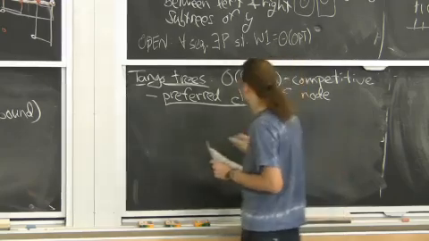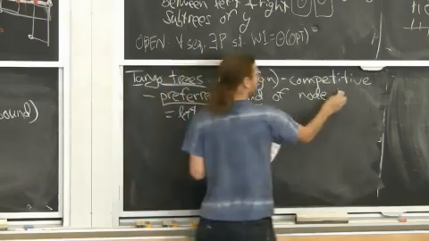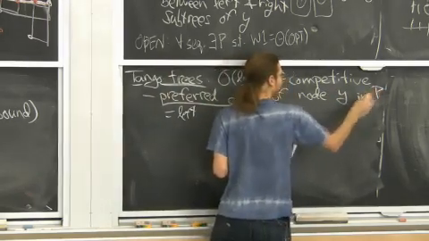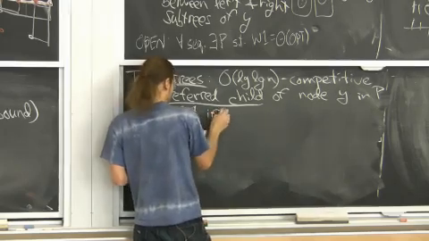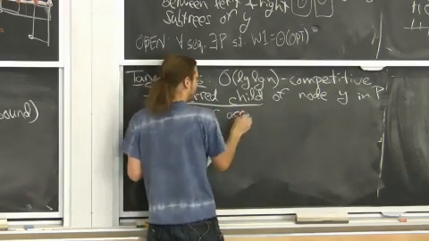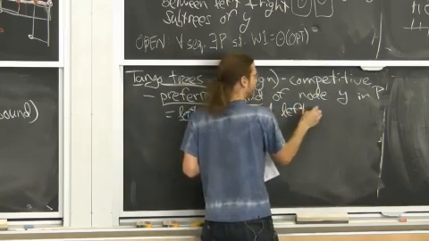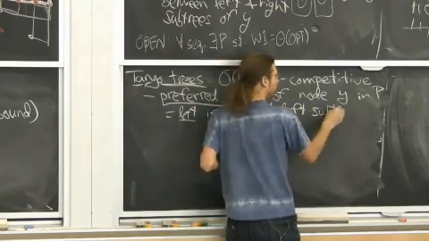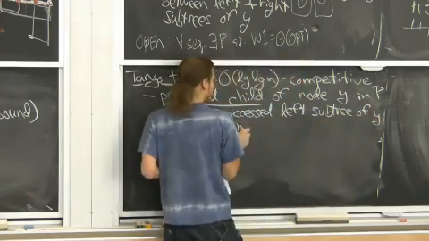I'm going to say the preferred child is left, let's say for node Y in P, if we accessed some node in the left subtree of Y most recently.